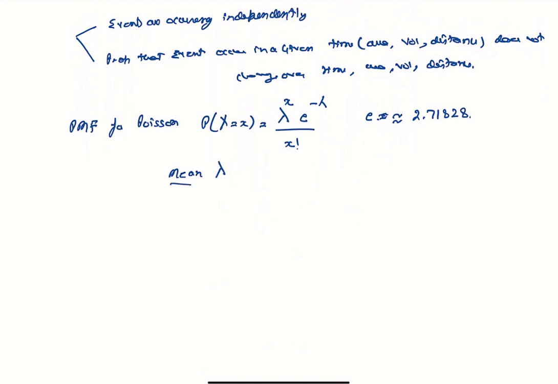The variance for the Poisson distribution is also lambda. So for the Poisson distribution, mean and variance are the same.